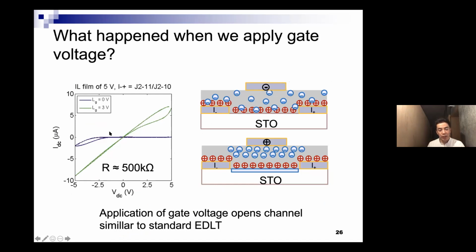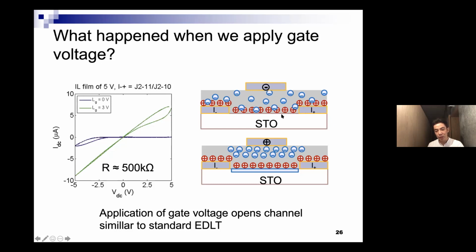So when we don't apply the gate voltage, the current is not flowing. Of course, this side is flowing, but I'm going to explain later. But no current is flowing because even though we laminate the cation side, the anion is mobile and tries to cancel out these charges.